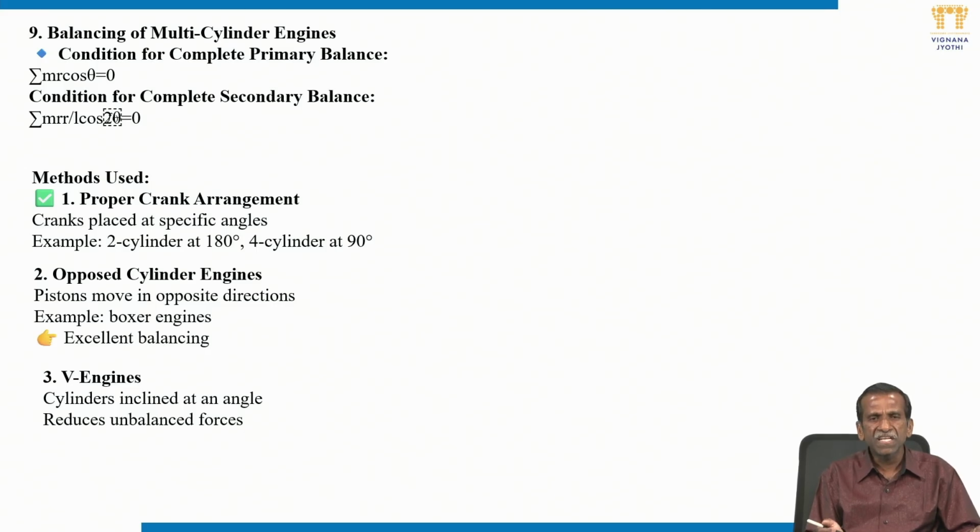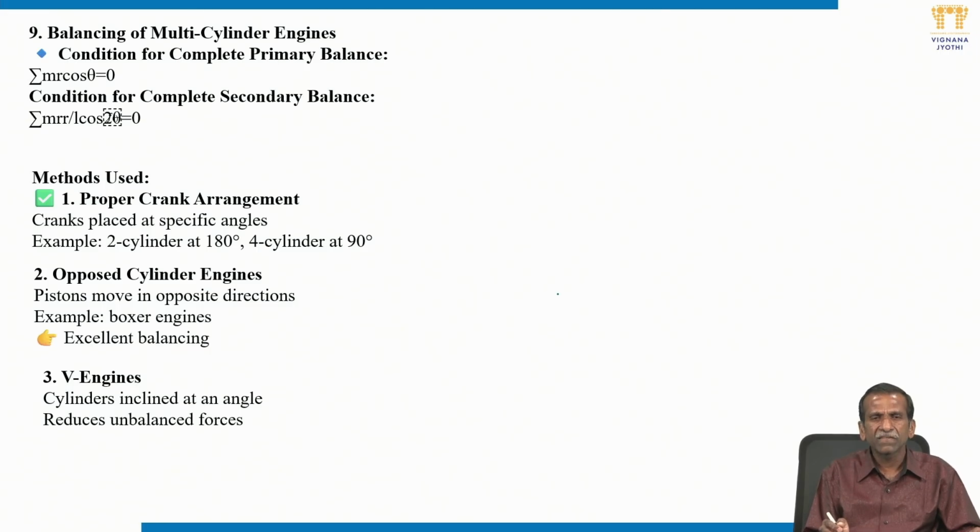The condition for complete secondary balance, if we want to see, we can write as mr cos 2 theta by (L by R), and this is required to be 0. Let us see whether it is possible or not. Suppose cranks are arranged in opposite directions, placed at specific angles.